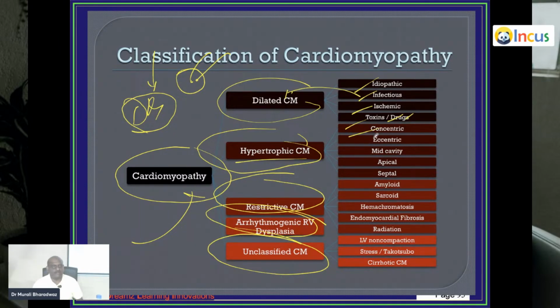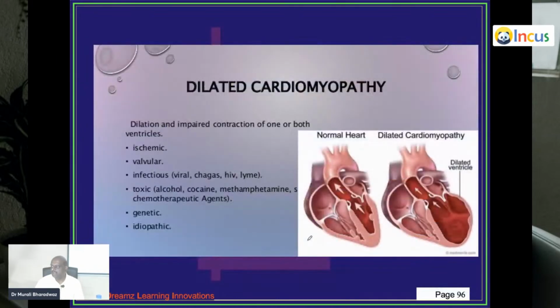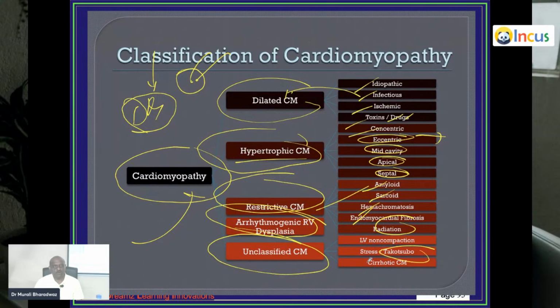Hypertrophic can be concentric, as you see in uncontrolled hypertension, or it can be eccentric: mid-cavity, apical, septal. Then restrictive is amyloidosis, sarcoidosis, hemochromatosis, endomyocardial fibrosis, and radiation. Then Takotsubo, stress-related cardiomyopathy, comes under unclassified cardiomyopathy.